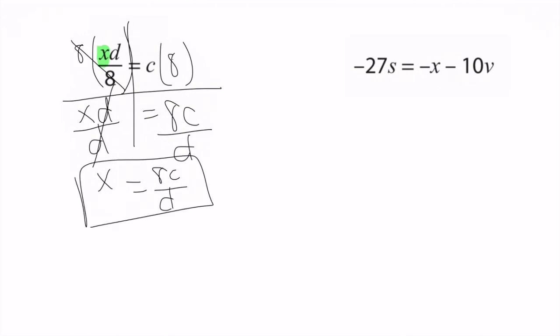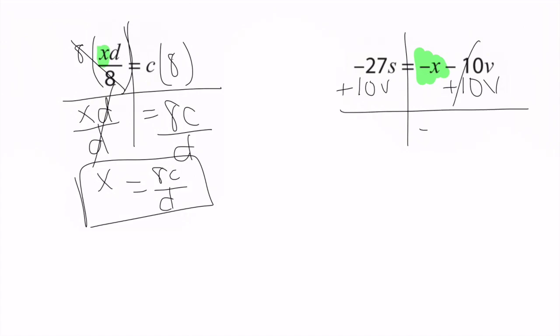All right, let's look at this last one. Again, we want to get x by itself. So we need to get rid of this negative 10v. In order to do that, we have to do the opposite, which is to add 10v to both sides. On this side, we're left with negative x, and on this side, again, we have a v and an s. We cannot combine them.